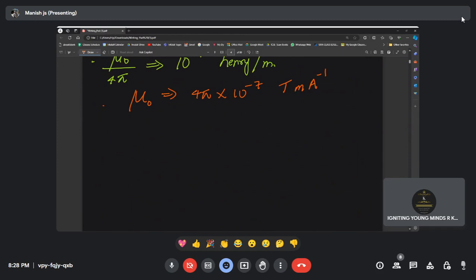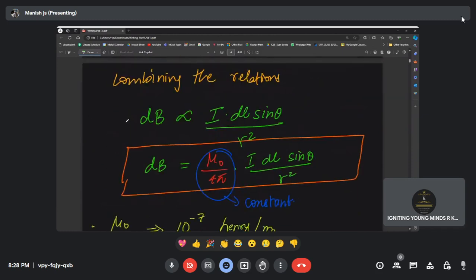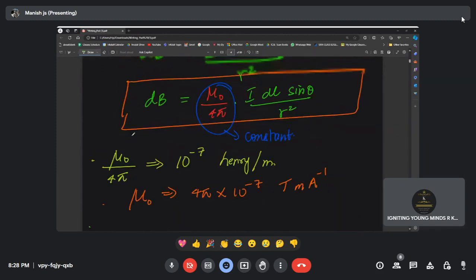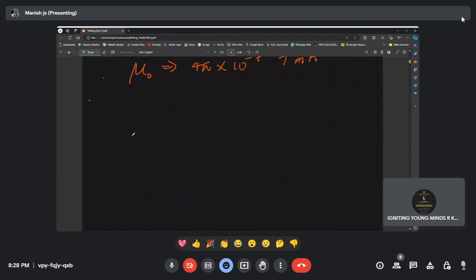I'll give you only the direct formulas, because I have given you the Biot-Savart law as the basis, children. Based on this, you can derive any relationship. So based on this concept, we are going to see the different relations for the magnetic field due to different configurations of current carrying conductors.